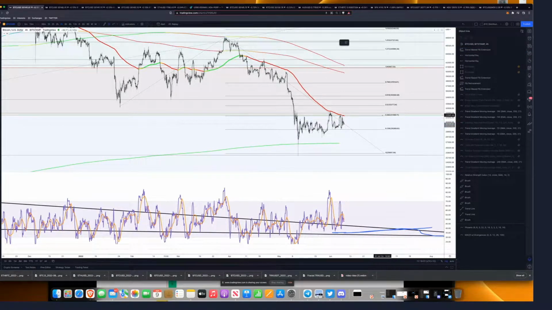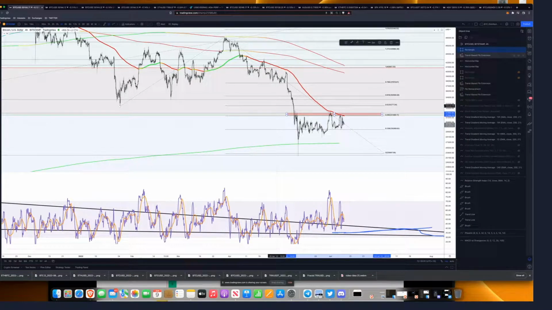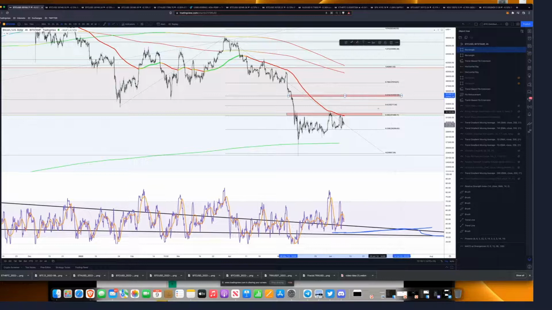We have this level as the major resistance, as you can see, which equates to the 0.382. And then we have these other Fibonacci levels, the 0.618 and the point. So 33K, then 35K. 35K is the weekly support, and that is going to be difficult to pass.